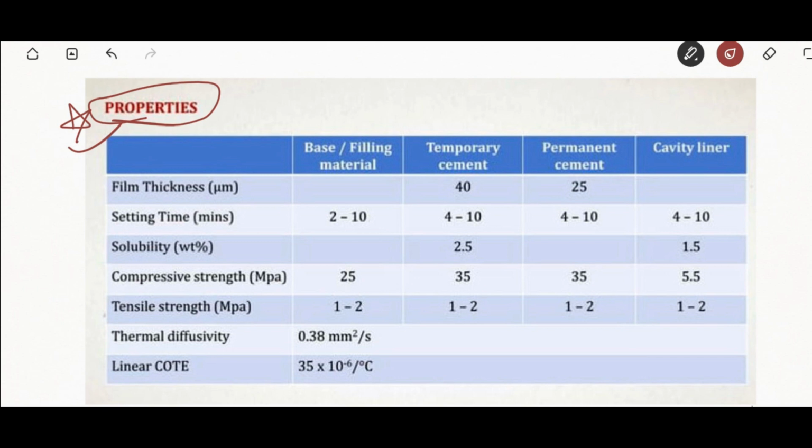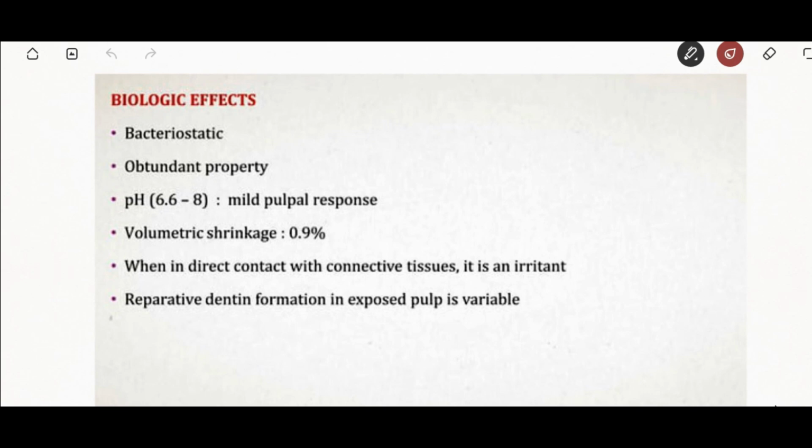These are the properties of zinc oxide eugenol cement. An important factor is that it has an obtundant effect. It gives a mild pulpal response with minimum volumetric shrinkage of 0.9%. Remember, when in direct contact with connective tissue, it is an irritant.